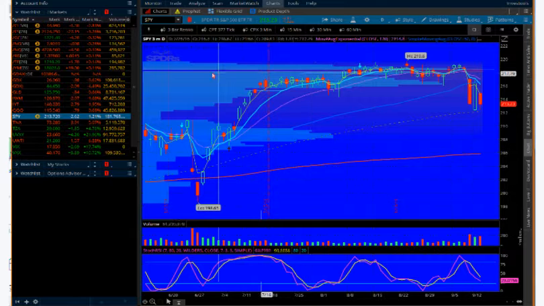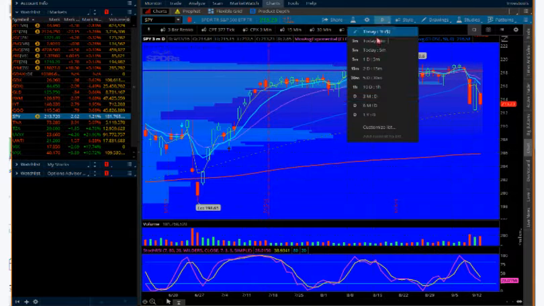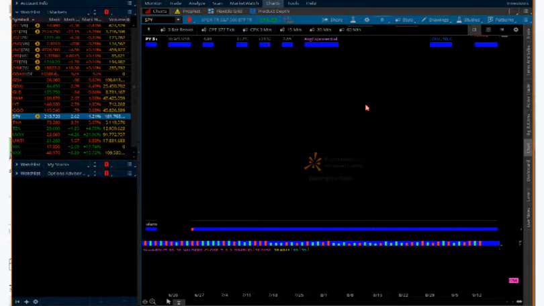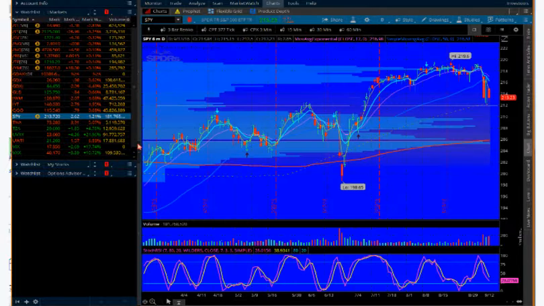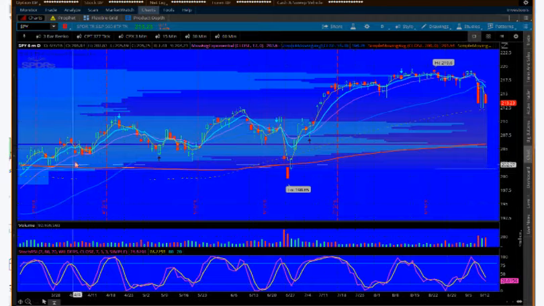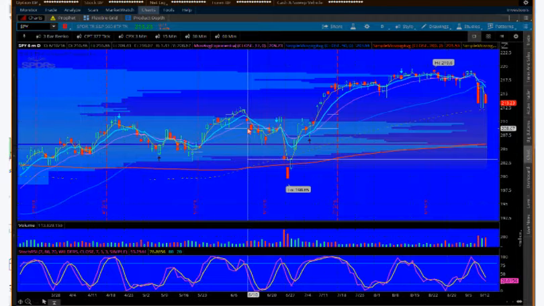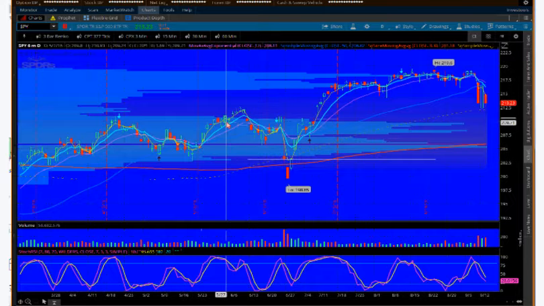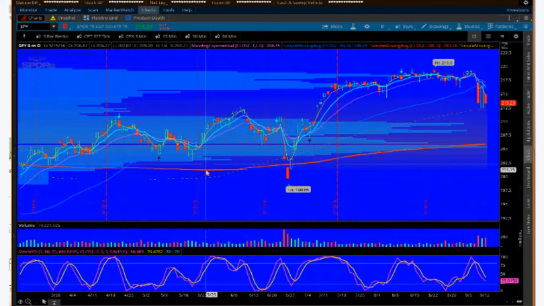This one, if I have a chart up for 6 months, takes all the volume at all the prices that have been traded at, and it plots the volume at every price level.